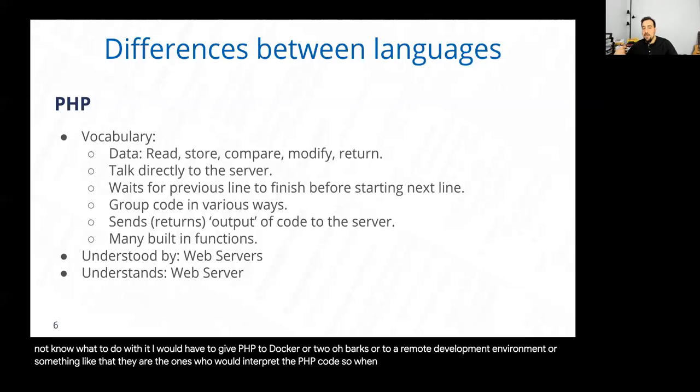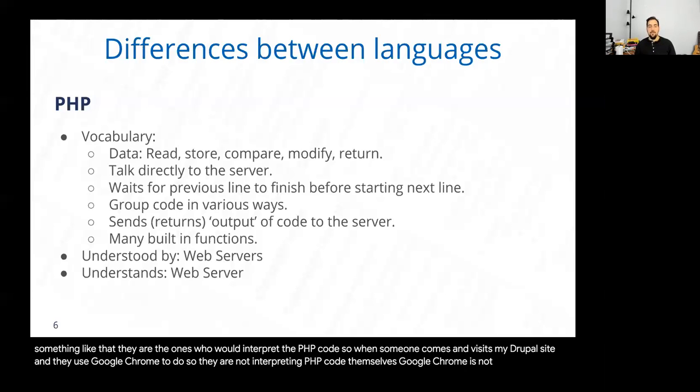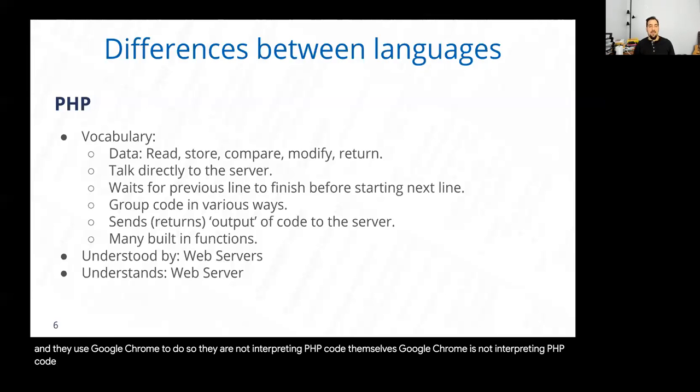So when someone comes and visits my Drupal site and they use Google Chrome to do so, they are not interpreting PHP code themselves. Google Chrome is not interpreting PHP code. There's a step before that. The web server, Docker, for example, is the one that's reading the PHP code and interpreting it.